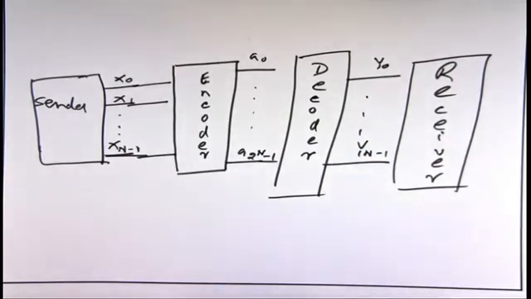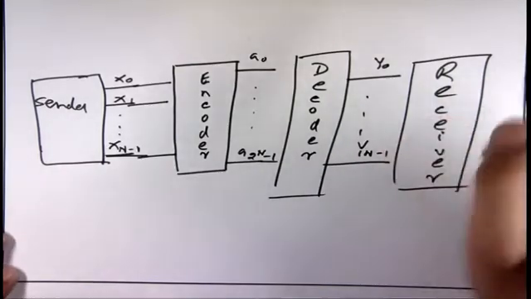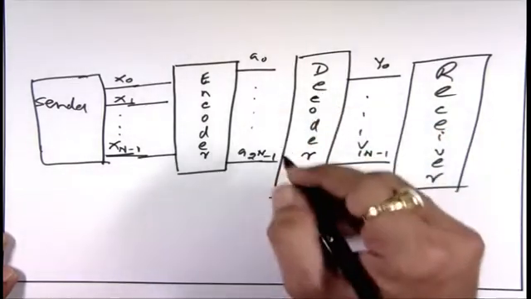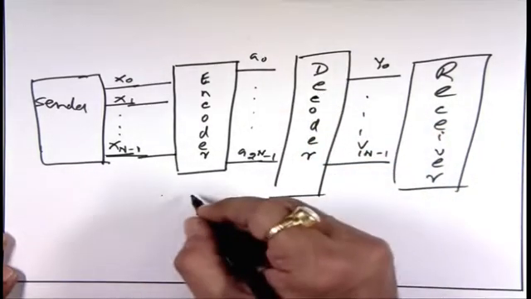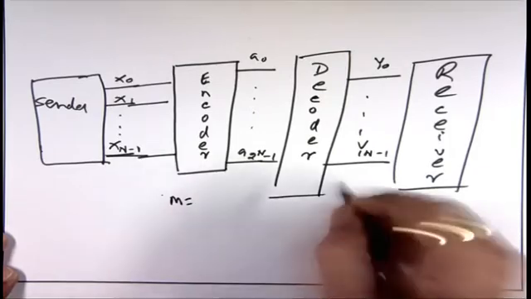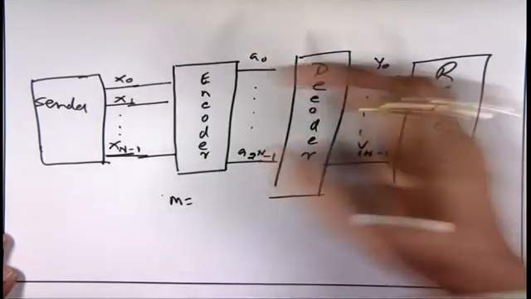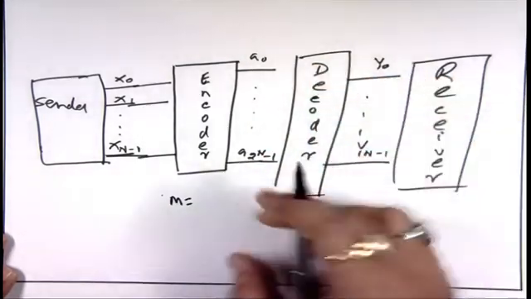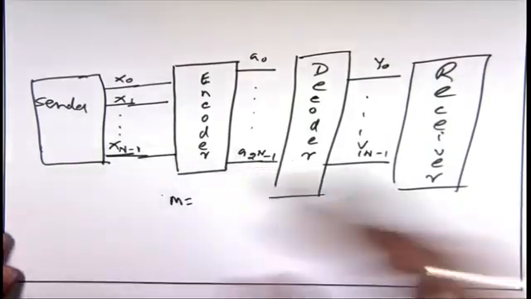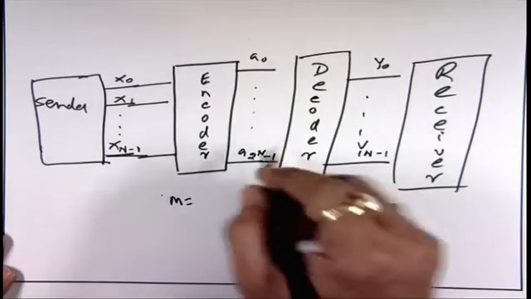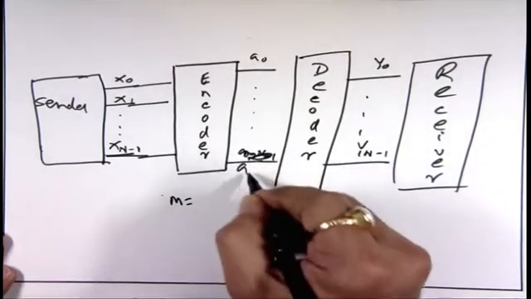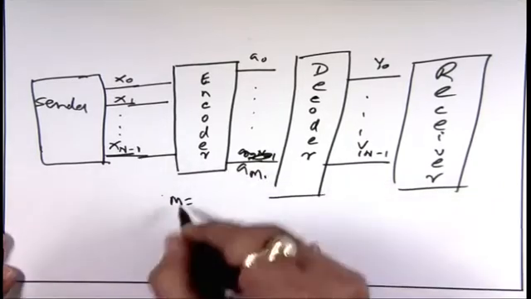Now if you go for 1-to-1 mapping, let us say you get m number of bits out of the encoder, say m bits.